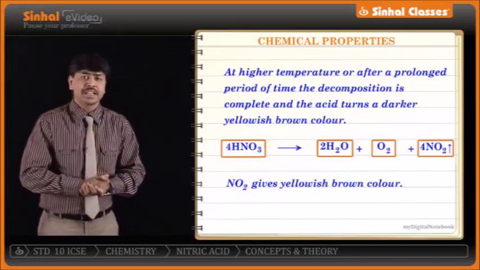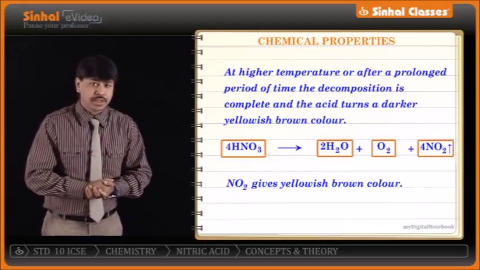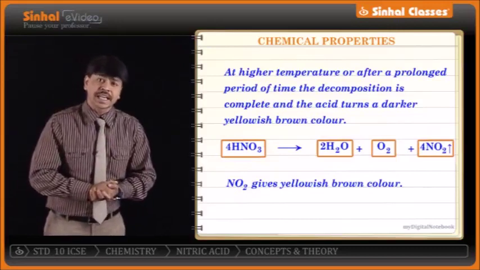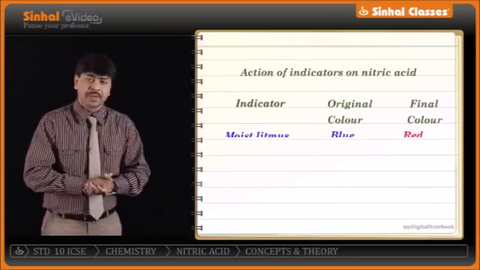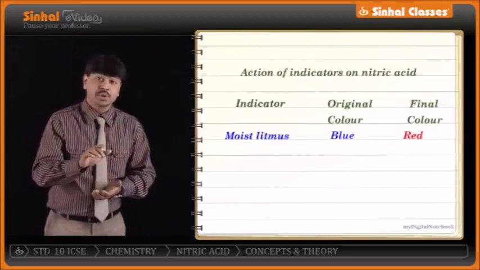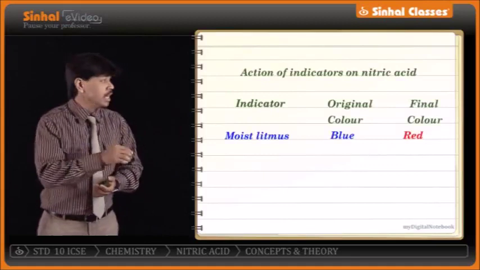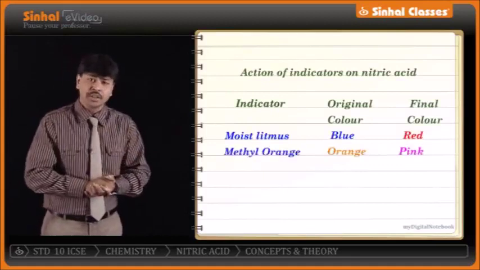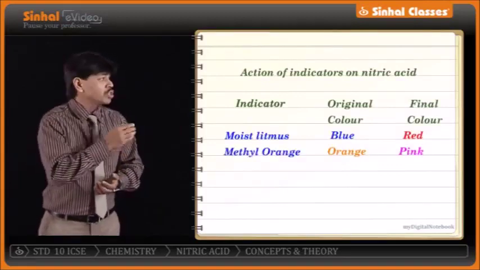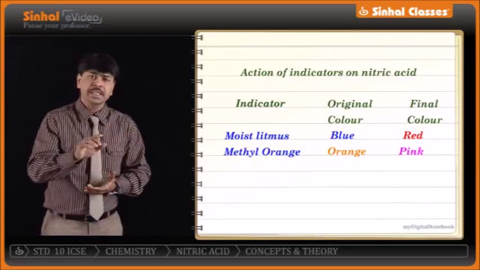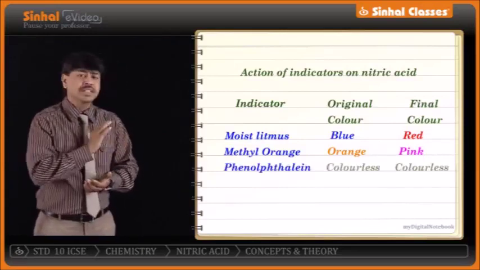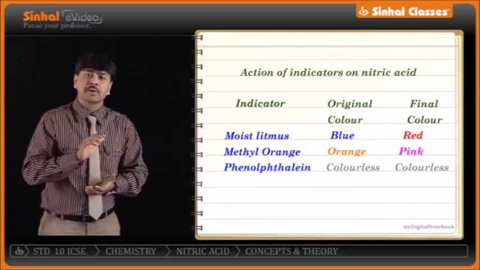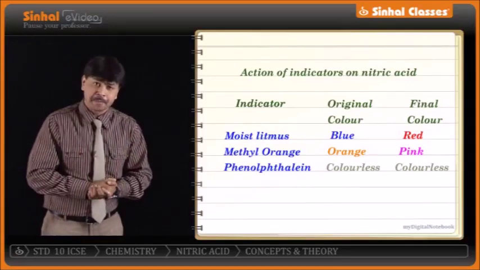This nitric acid shows a color change with respect to various indicators, like you take moist litmus paper, it will turn blue to red. Secondly, you can take methyl orange, which turns orange to pink. At the same time, if you take phenolphthalein, it remains colorless in spite of putting nitric acid on it.